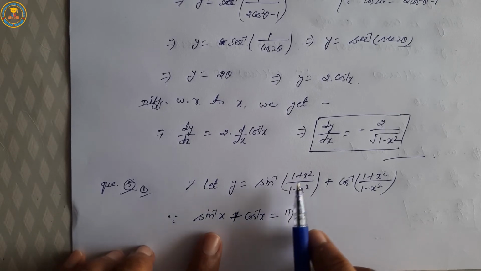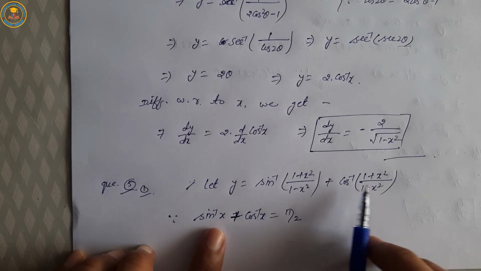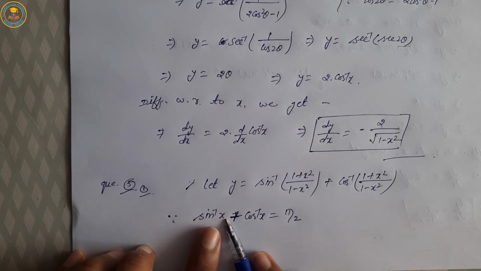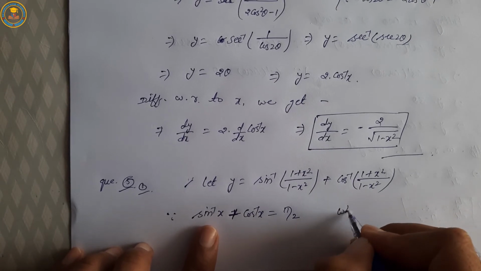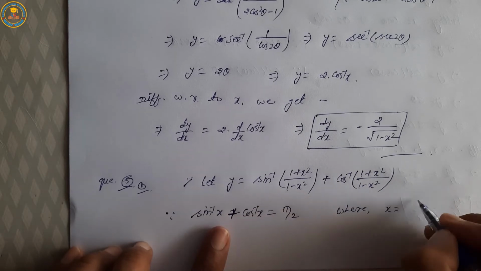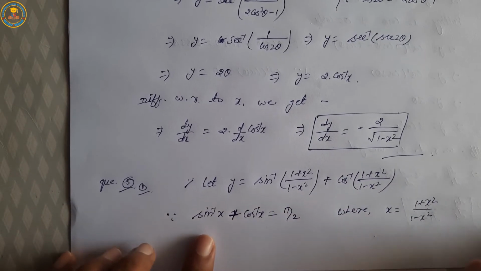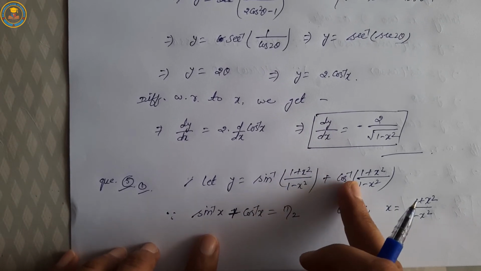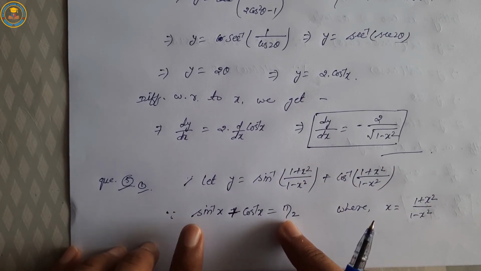According to the question, in sin inverse of 1 plus x square upon 1 minus x square and cos inverse of 1 plus x square upon 1 minus x square, the expressions are same, and x is same. It means x is equal to 1 plus x square by 1 minus x square. It means sin inverse of 1 plus x square by 1 minus x square plus cos inverse of 1 plus x square per 1 minus x square is equal to pi by 2 according to the formula.